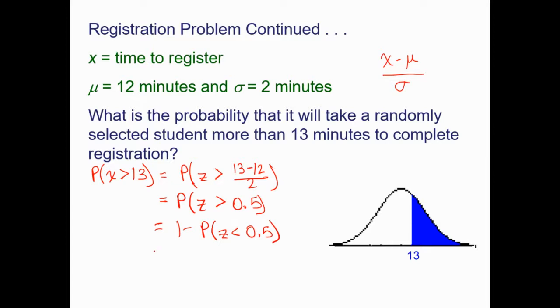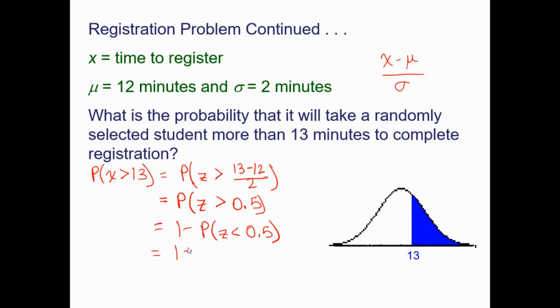So what is the probability that z is less than 0.5? Which chart are we using again? The standard normal. Is it 0.72?